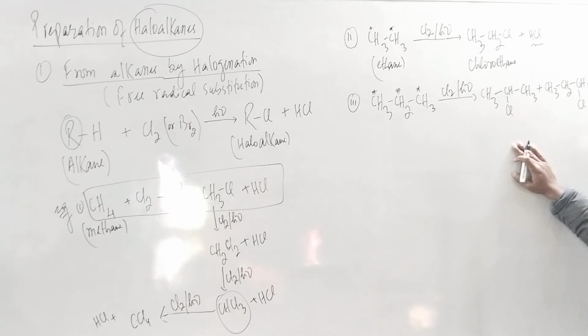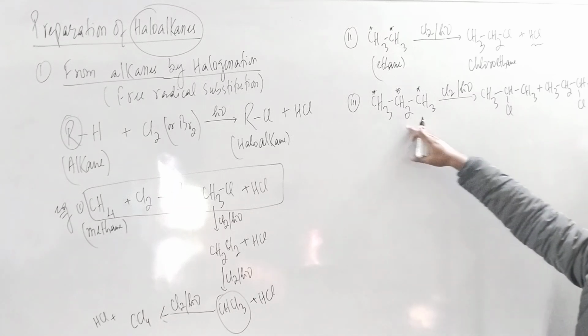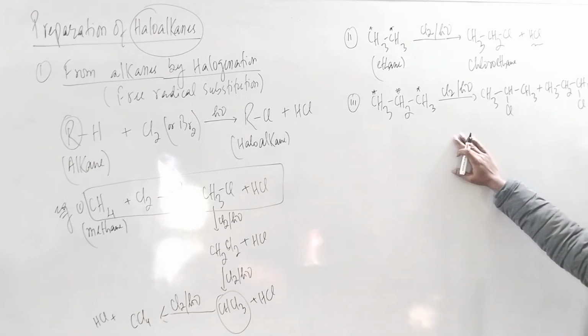Okay. So number of monochloroalkanes formed will be equal to number of different carbon atoms present in the alkane.